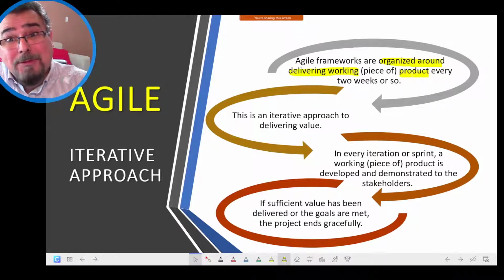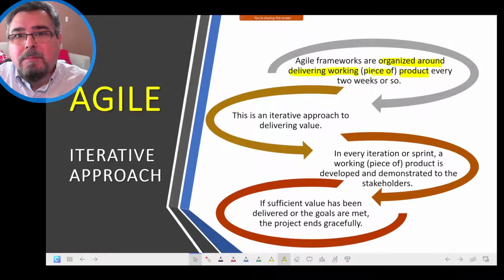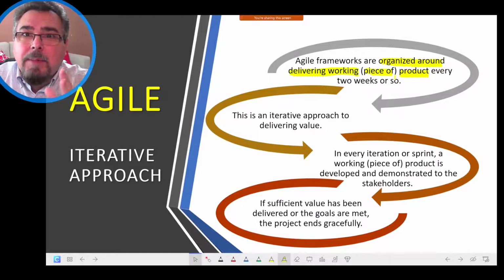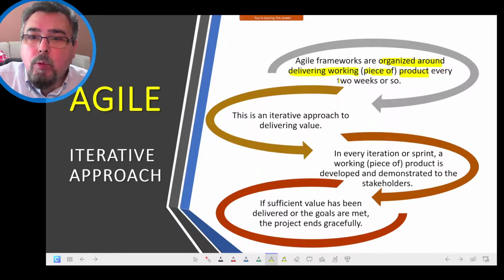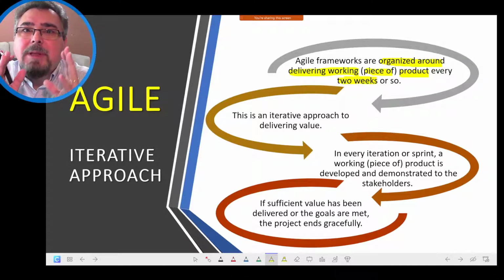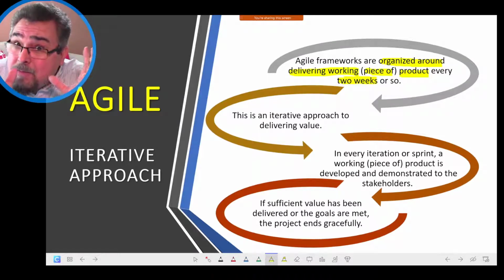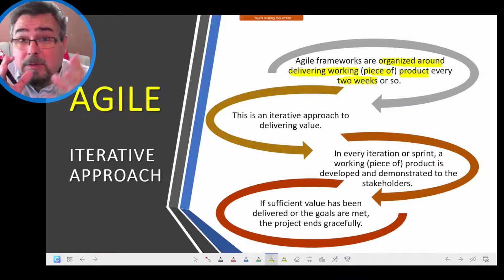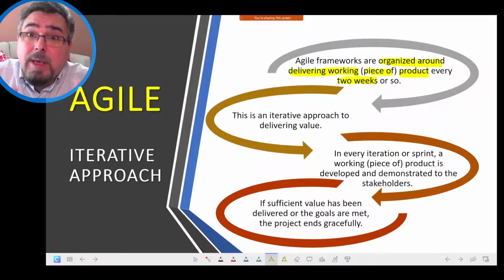It means that you have to deliver something that works, but it's a piece of the project in increments with a fixed time. That time can vary from 1 to 4 weeks. 2 weeks is the most common, but what we decide here is that you'll be delivering some type of work every 2 weeks.